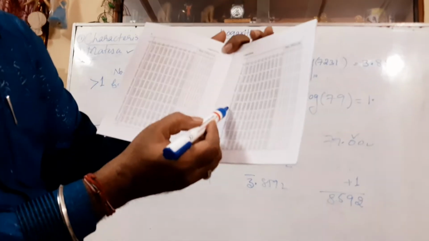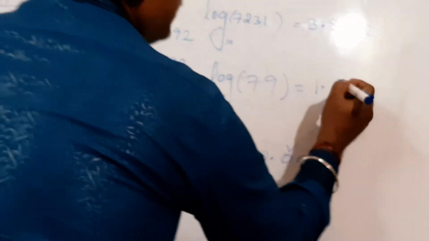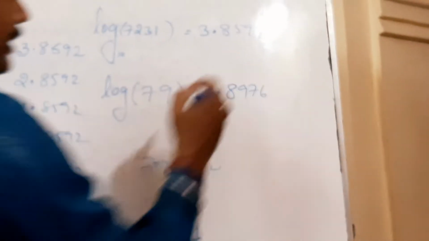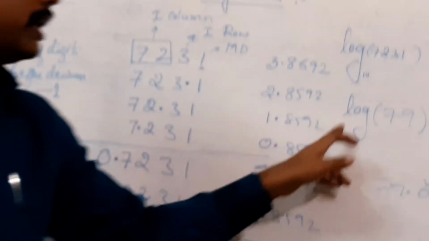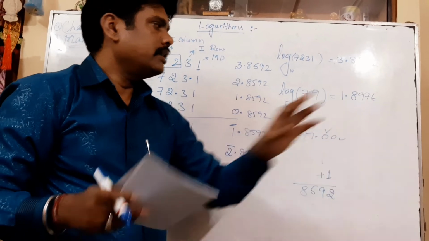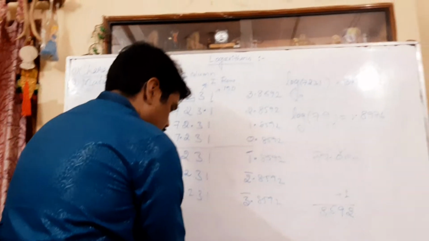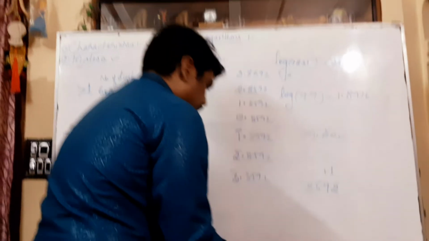So corresponding 0, you have to search. 79 corresponding 0 value is 8976. So this is how we can write the logarithmic value of 79 as 1.8976. Clear now?